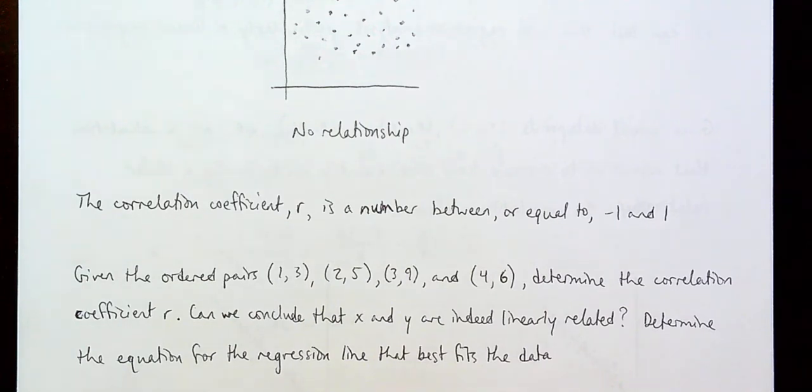In the previous video we introduced some formulas pertaining to regression analysis. We talked about the correlation coefficient between two quantities x and y and the linear regression line, or the best fit line.